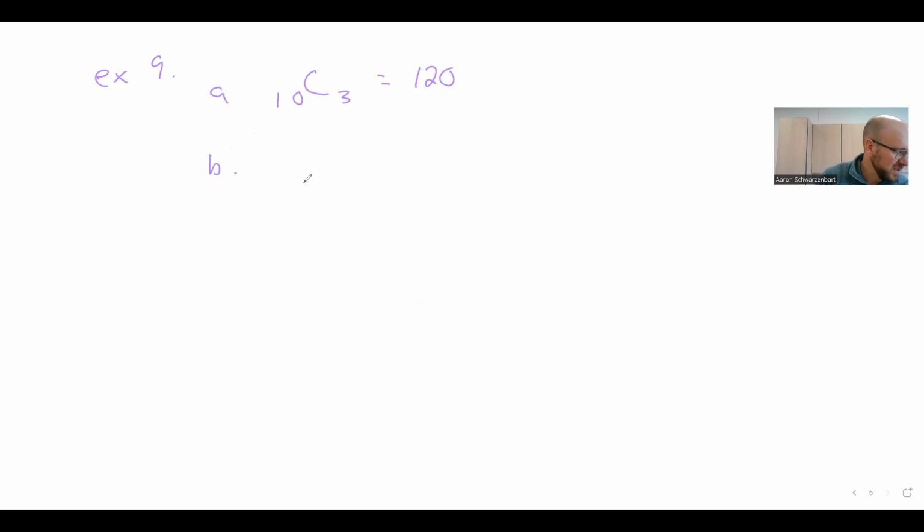B says we choose any number of toppings. Well, this is where it gets to be a pain. 10 choose 10 is 1. Now I could choose 9 of my 10. 8 of my 10.